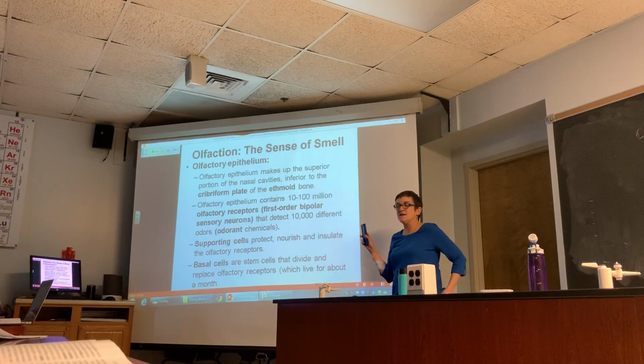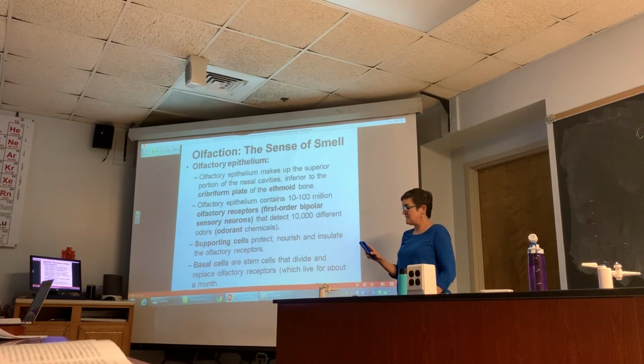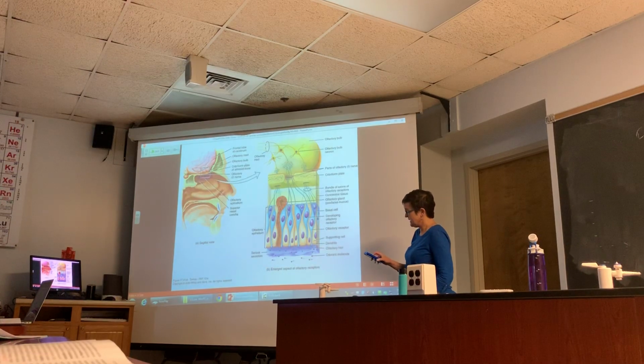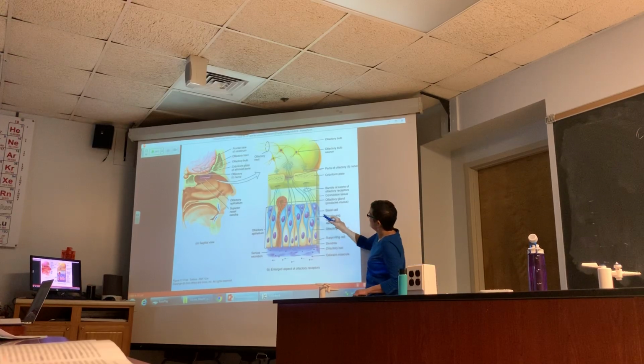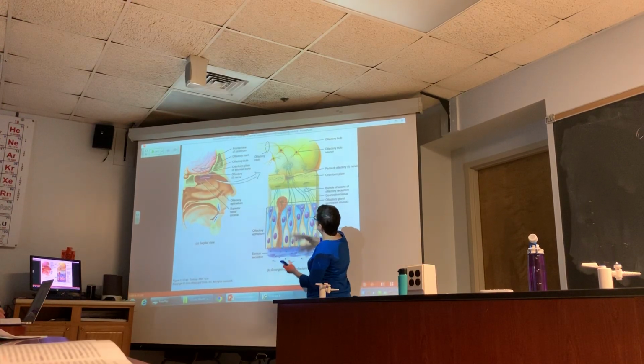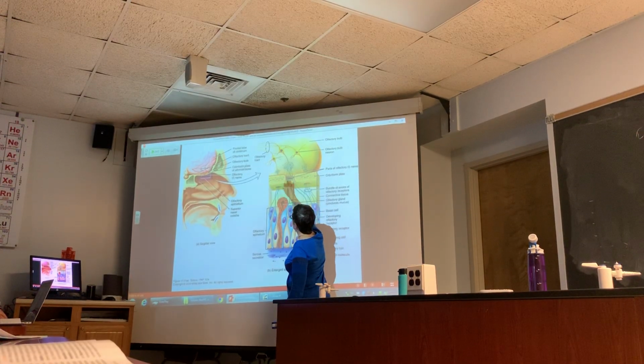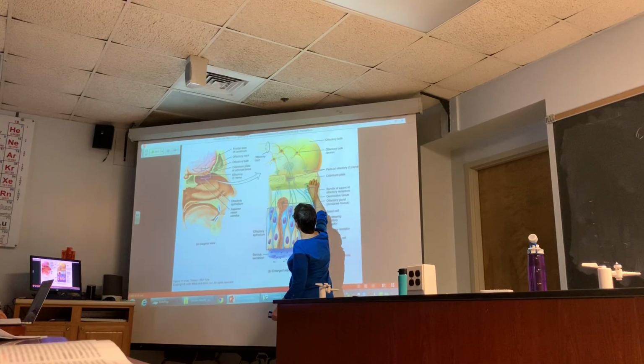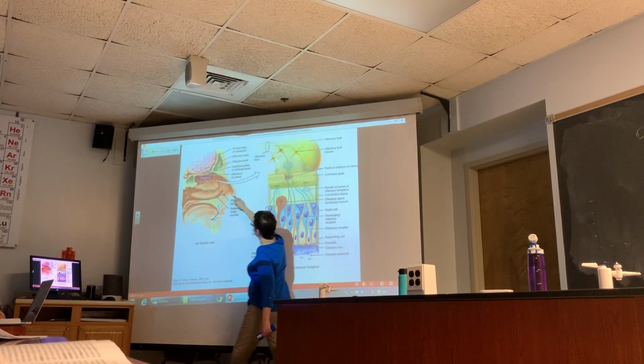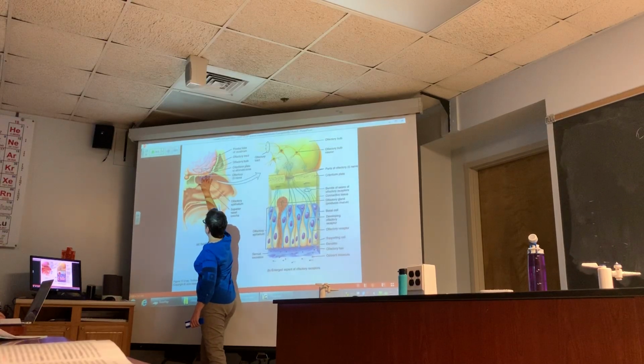So the basal cells divide and replace them. Here's a picture of a sagittal section of the face and cranium. Here's the forehead, there's the brain, and here is the cribriform plate, and just below it is the nose.